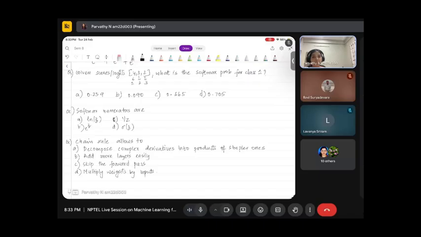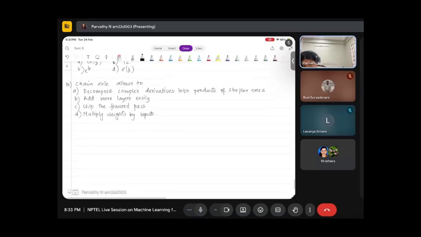Yeah, so chain rule mainly allows us to decompose complex derivatives into products of simple ones.